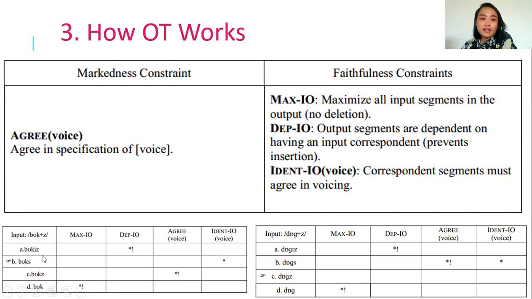Now, in these 4 candidates, we find that in the fourth candidate there is a deletion. We cannot hear the S, the plural suffix. That's why it's forbidden, we mark it here.